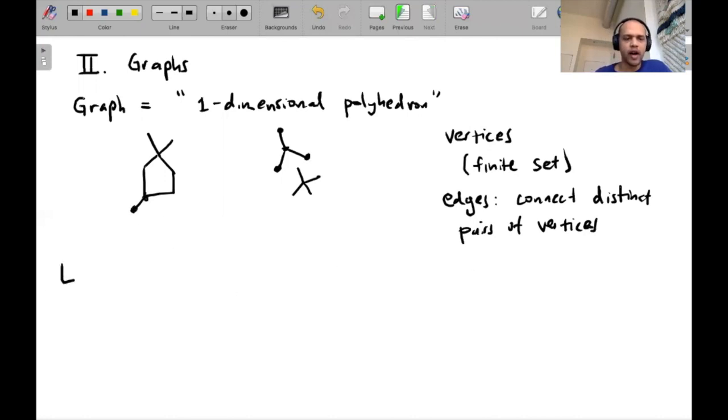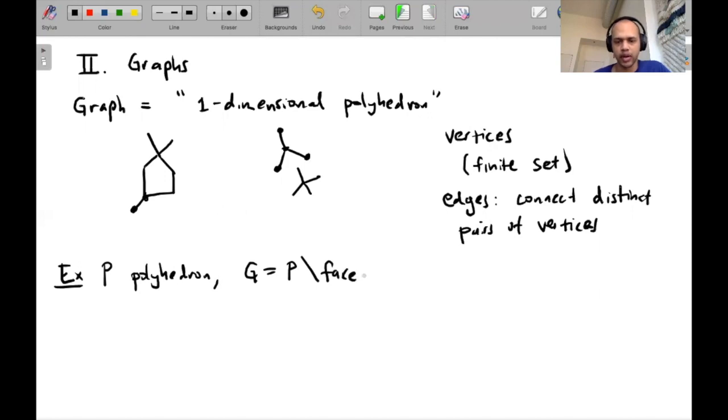One way to get a graph is from a polyhedron. So if P is a polyhedron, then you can get a graph by taking P and removing all of its faces, the two-dimensional pieces, or the interior of them.